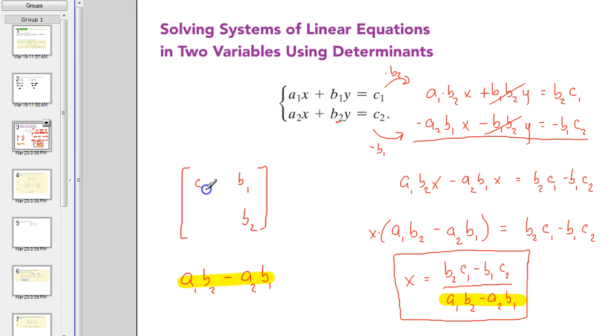So if I put a C1 and a C2 here, what's the determinant of this matrix? It's C1, B2, right? It's kind of backwards, C1, B2, minus B1, C2. So there it is. That other matrix, replacing these two in the matrix, ends up being that numerator, and the original matrix determinant is the denominator.